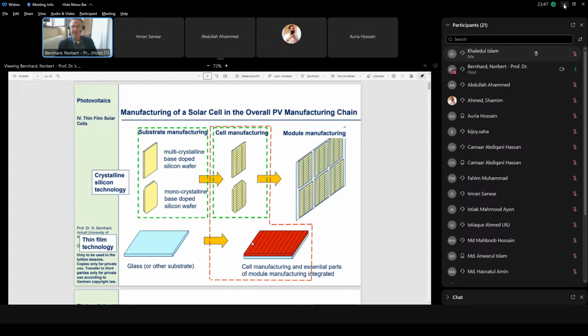But here you see between the extrinsically doped zinc oxide and the cadmium sulfide, we have an intrinsic zinc oxide layer, which is also just a few nanometers, but it has been shown that this additional layer can really improve the performance of the cell.